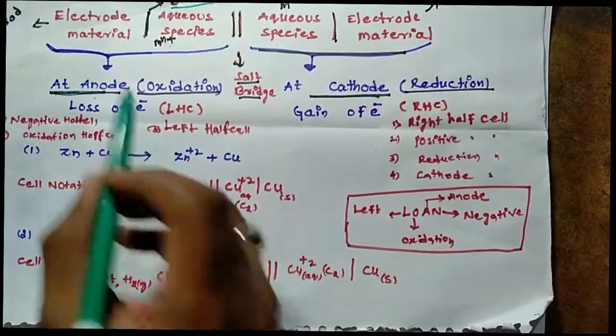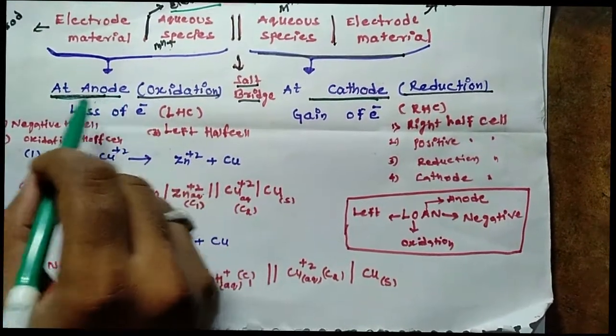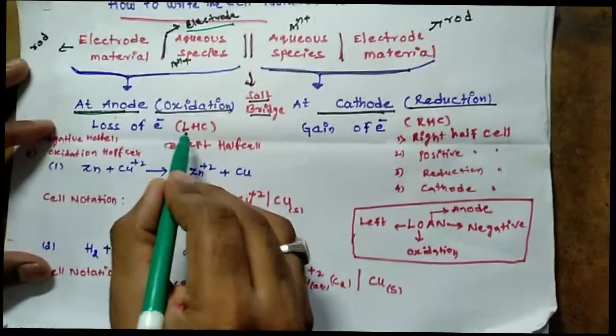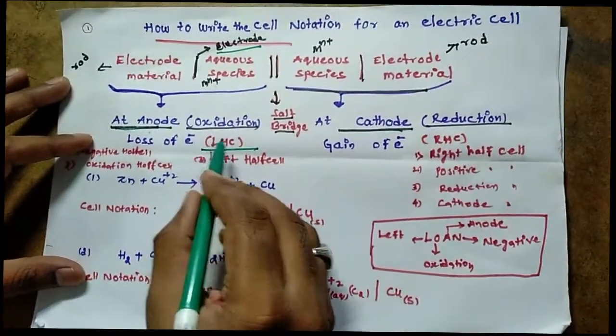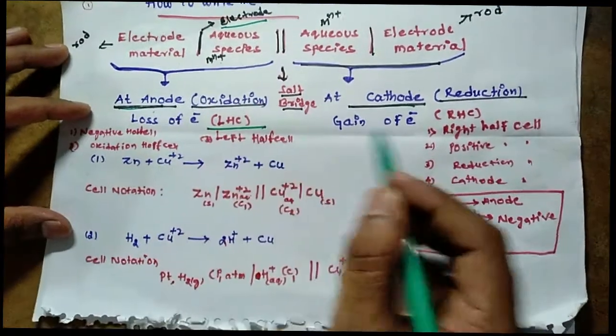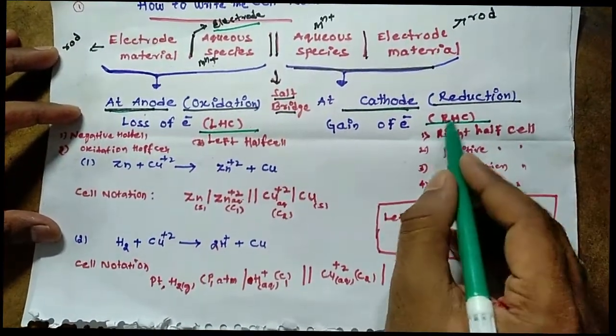At the anode oxidation occurs, that is the loss of electrons. So that is indicating the LHS, the left hand cell. Now RHS is the right hand cell.